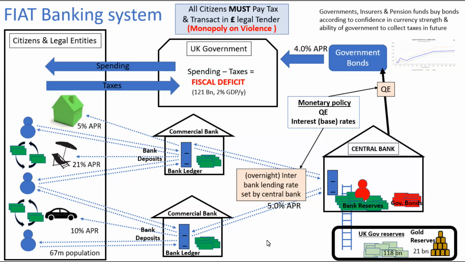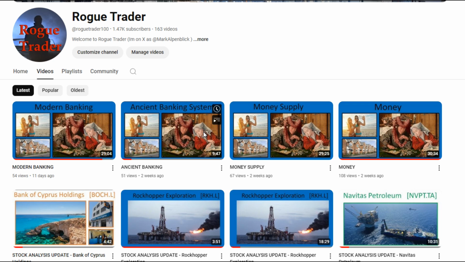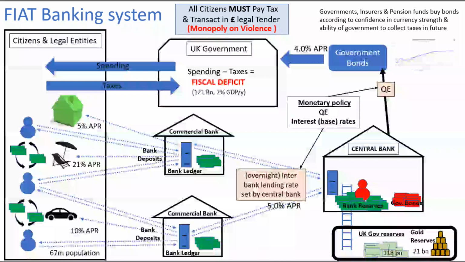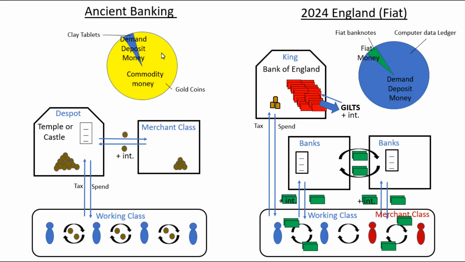In this video, I'll be explaining how the fiat banking system works. In my last two videos, I've been going through the ancient and then modern banking systems. And actually, I found that the fiat banking system is so abstract and almost intangible in many of its aspects that the best way of getting my head around it is to first understand the earlier banking systems, because we actually got from the ancient banking systems to the current system through a number of increments.